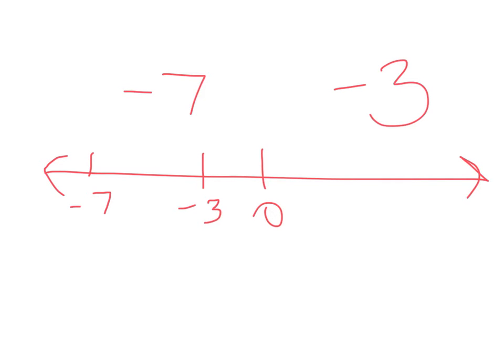So now for my number line, I can tell that -7 is smaller than or less than -3, and the opposite side of that would be -3 is greater than -7.